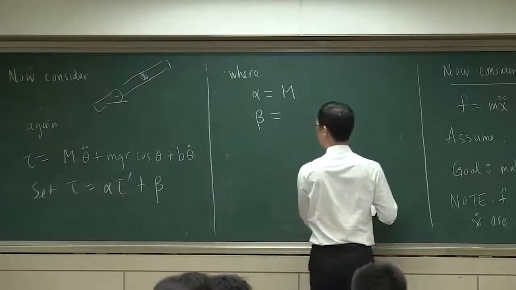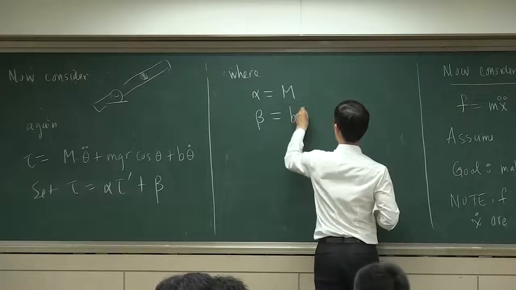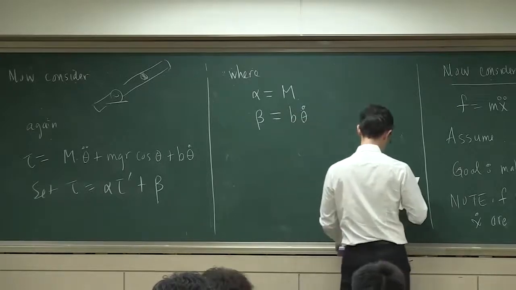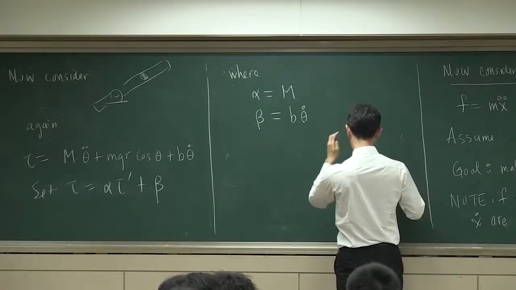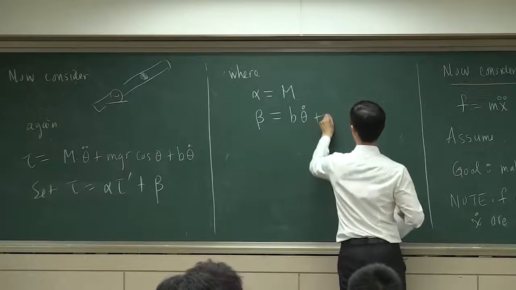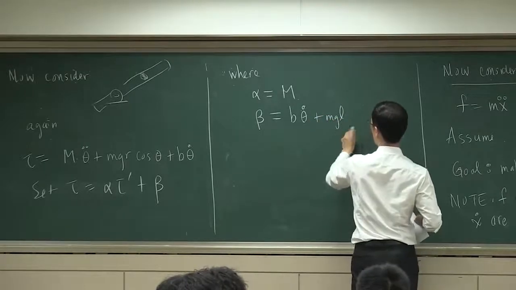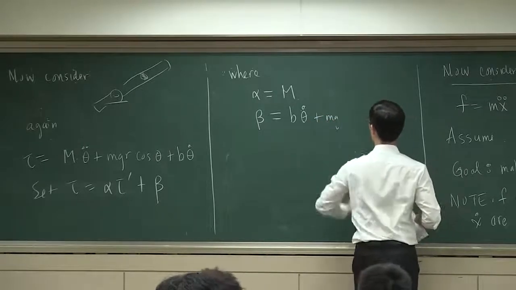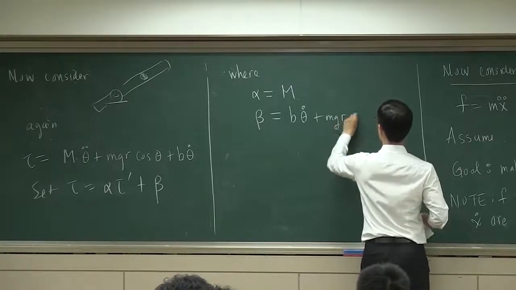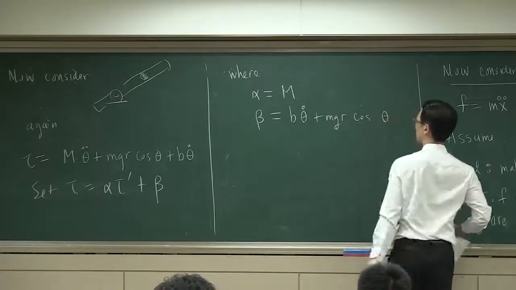So it's b theta dot, plus mgr cosine theta.